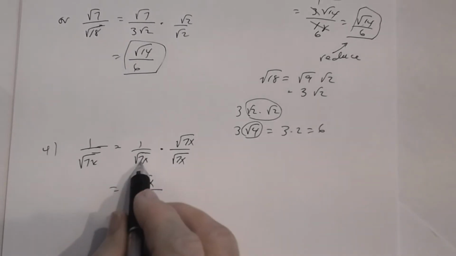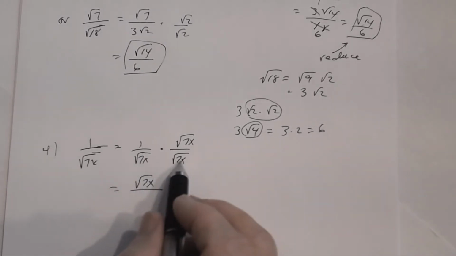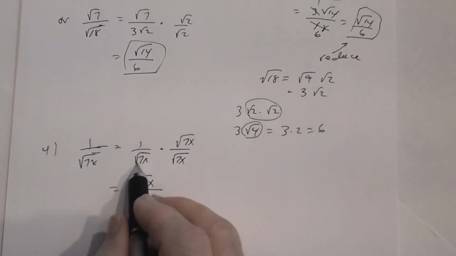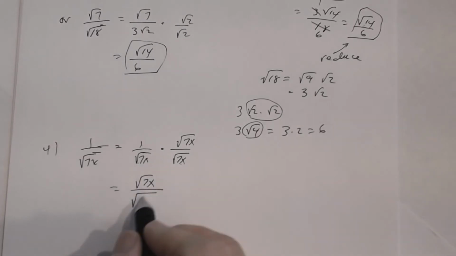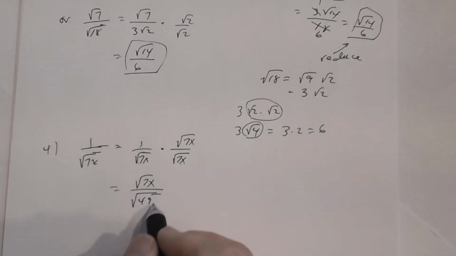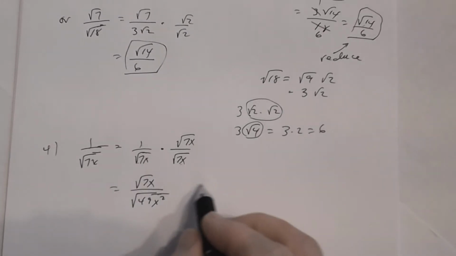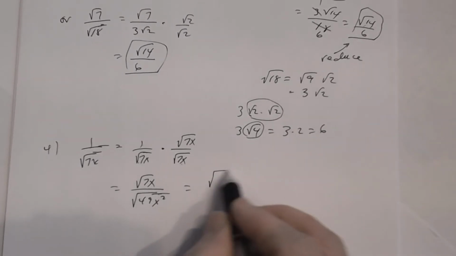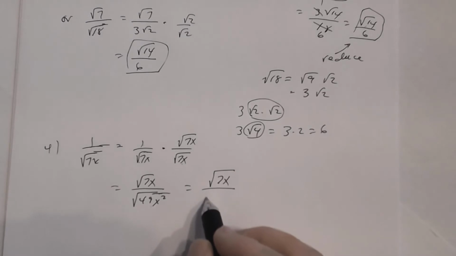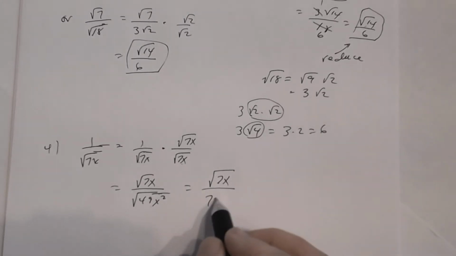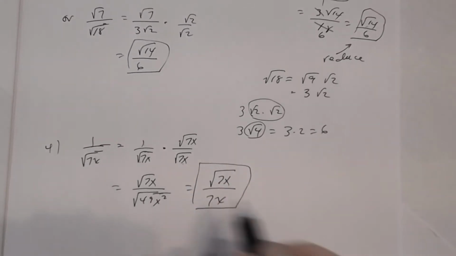Now let's talk about this. Using the product rule, the square root of 7x times the square root of 7x, do you all agree that's going to be the square root of 7 times 7 is 49, and x times x is x squared? We're almost done. And this is the square root of 7x divided by, what's the square root of 49? 7. What's the square root of x squared? X. And that's it. You're done.